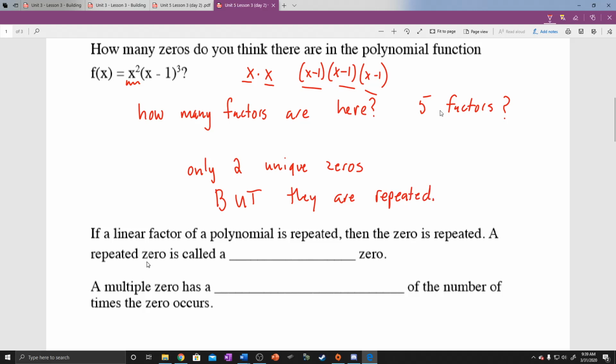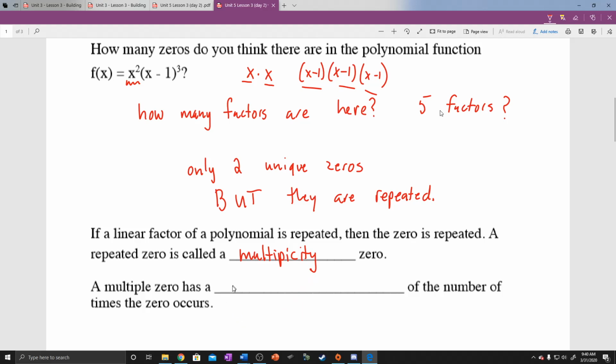Okay, and that's going to be an important thing because it's going to tell us a lot about the graph, and we've touched on this a little bit. So if a linear factor of a polynomial is repeated, then the zero is repeated. A repeated zero is called a multiplicity zero.